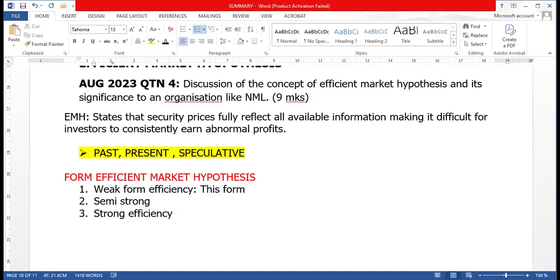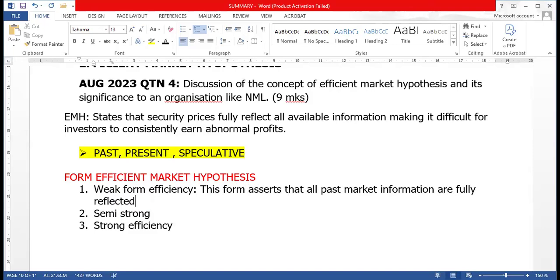This form asserts that all past market information is fully reflected in the current prices, in the current share price.